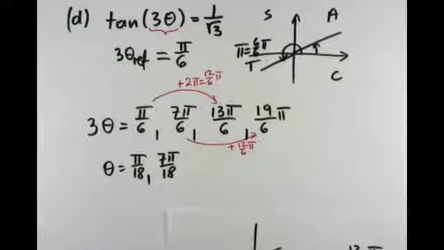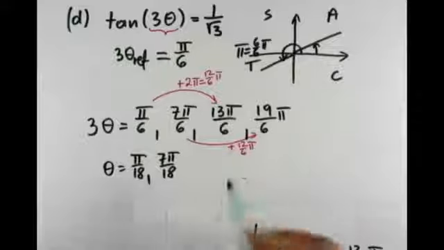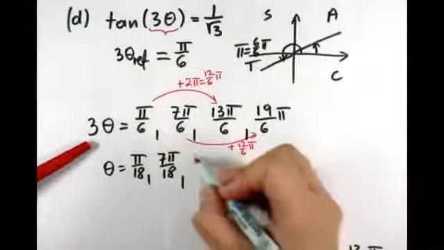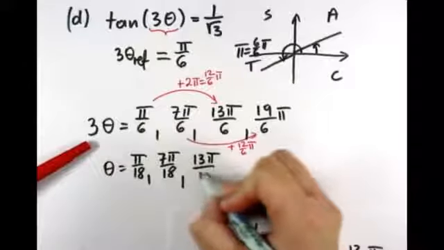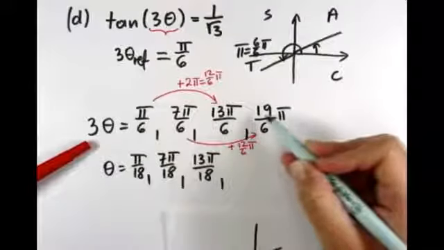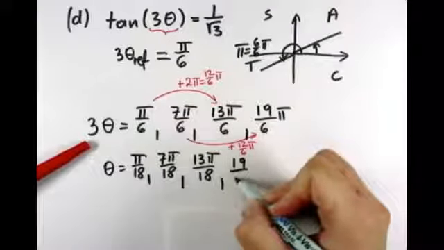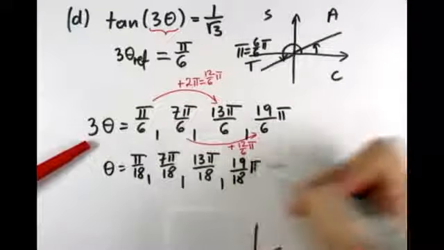Okay, so now if I divide by 3 or multiply by 1/3, I'm getting 13 pi over 18, and then this one I divide by 3, I'm getting 19 pi over 18.